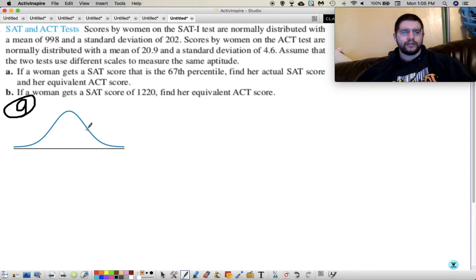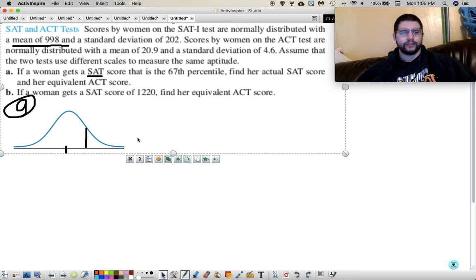So that's above 50, so I'm going to put it to the right of the mean. Talk about SAT. Notice we have two different things going on, so pay attention to which one it is. The mean is 998. So I'm just going to go ahead and write that information down. We're probably going to need it in a minute anyway.